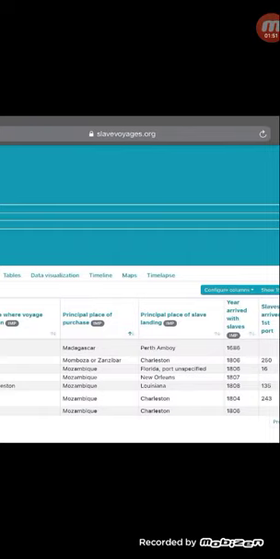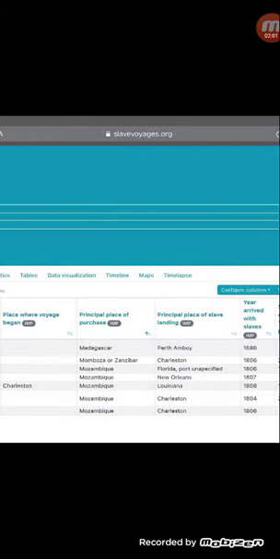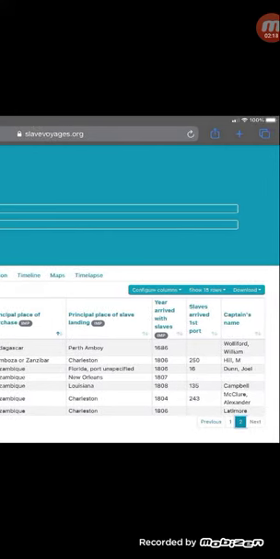And as you notice right here, it says Mombasa or Zanzibar, and then place of purchase and principal place of slaves landing was Charleston, which is South Carolina. I have history and ancestors from South Carolina. And then it shows the year arrived, 1806, and it even has the captain's name, Hill M.